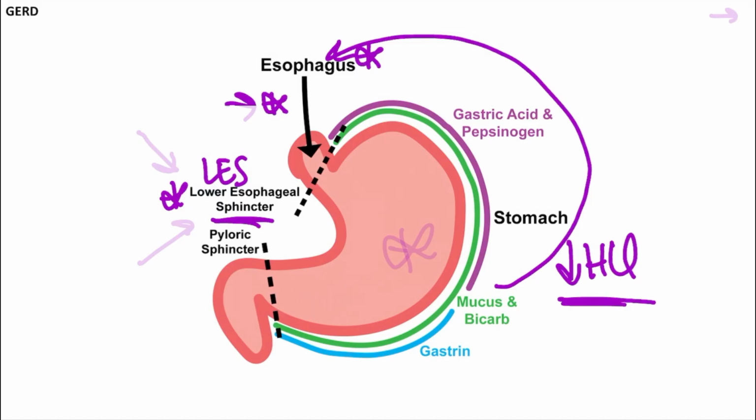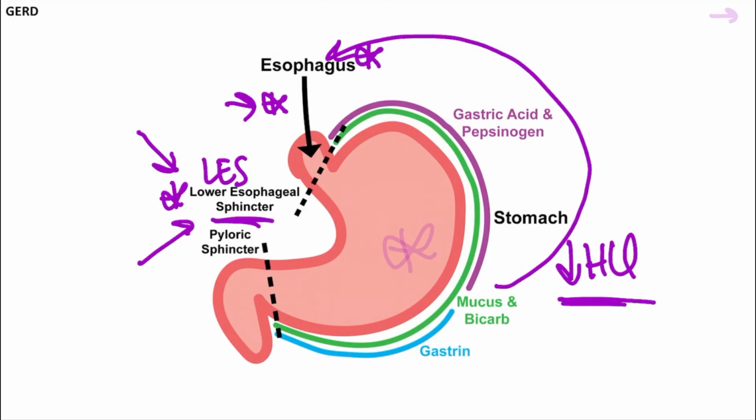Now, when I say this impairment in the lower esophageal sphincter tone, this can be caused by a number of things, including alcohol, poor diet, smoking, certain medical conditions, and many medications. So once we have one of these initiating factors on board, and it leads to this initial lesion from acid exposure, there's this vicious cycle of continued acid exposure, a worsening of this lesion, and then further harm to the lower esophageal sphincter from that acid exposure.